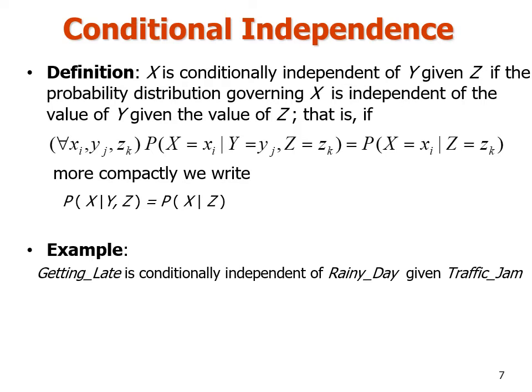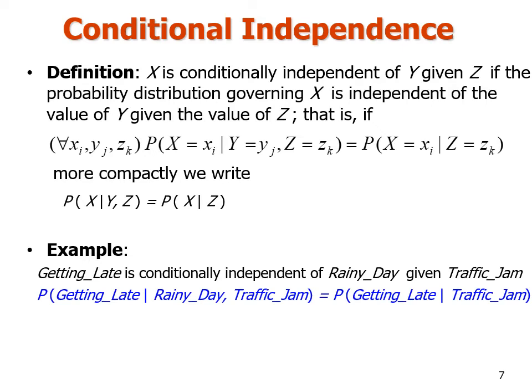Now let us try to relate our example with this formal definition. Getting late is conditionally independent of rainy day given traffic jam. So we write it like this: probability of getting late given rainy day, traffic jam is equal to probability of getting late given traffic jam.